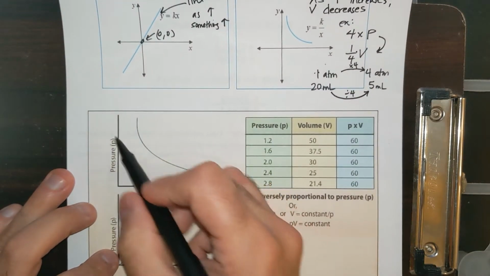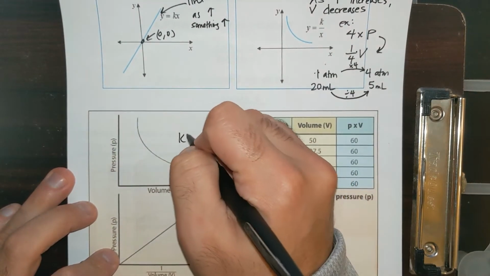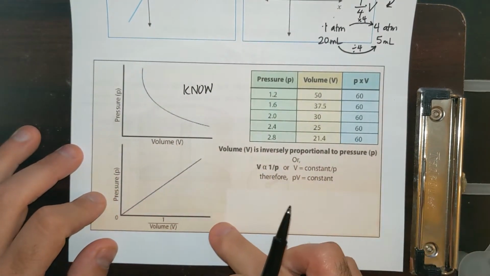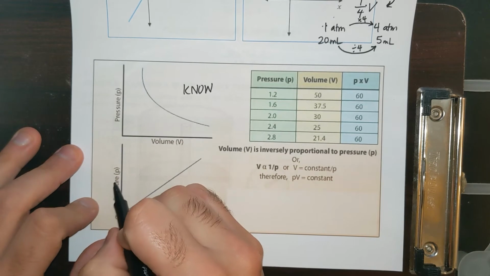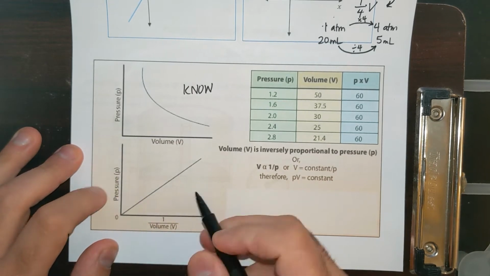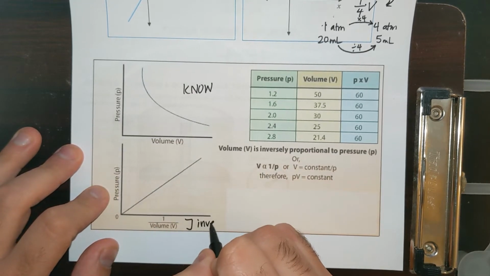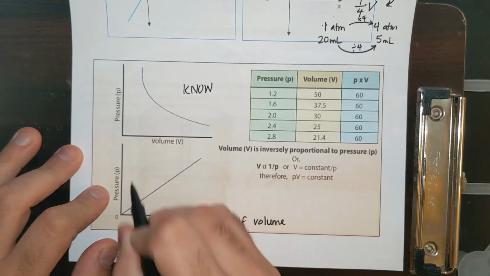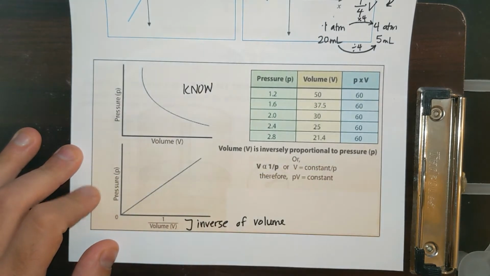So you're going to have to know this pressure versus volume graph. It's the only graph that is a curve. Another graph that you're going to have to recognize is if I take pressure and I do the inverse of volume. If I plot pressure versus the inverse of volume, I get a straight line.